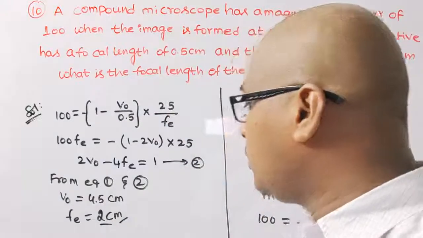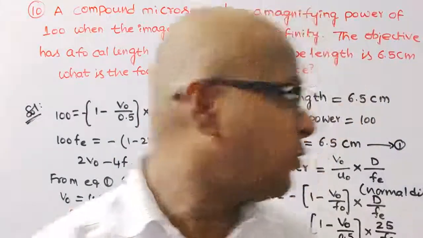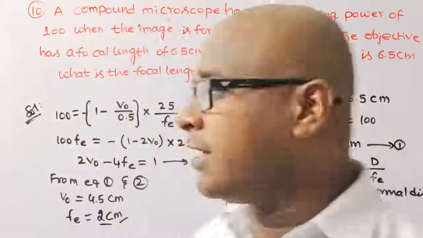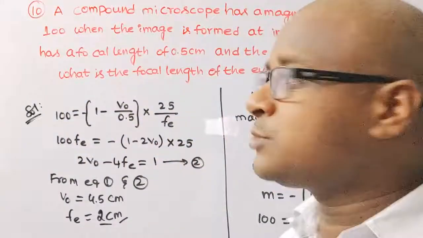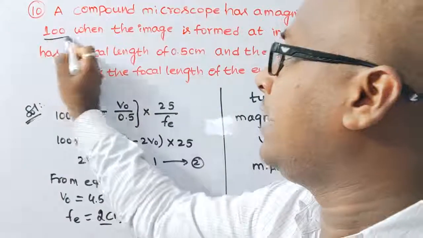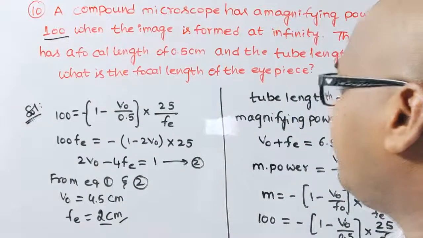FE is equal to 2 centimeter is the answer. Okay, in this problem, what is the focal length of the eyepiece? It's a very important problem for NEET level also, students. A compound microscope has a magnifying power of 100, M is equal to 100, when the image is formed at infinity.